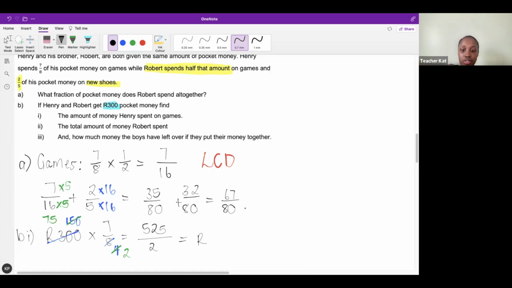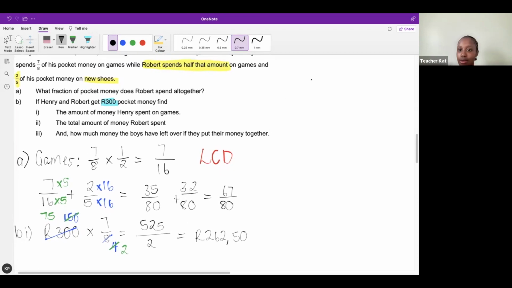I'm pretty sure there's going to be cents in there somewhere. 262. And because it's money, make sure you write the 0, otherwise you lose a mark. Okay, so money always has 2 decimal places. So it's 262.50. That's how much Henry spent. I almost said Robert. That's how much Henry spent.